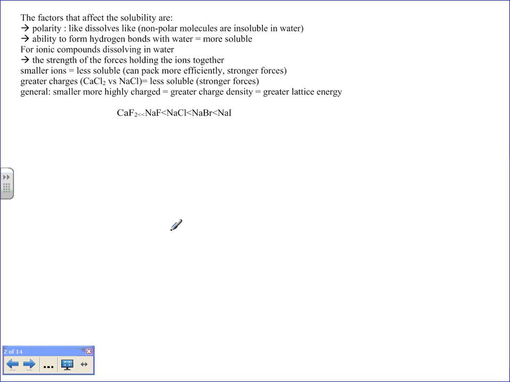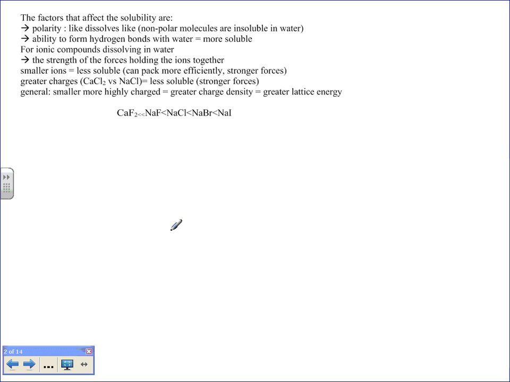The greater the chance or opportunity for interaction, the more soluble it's going to be. For ionic compounds dissolving in water, as you know, ionic compounds tend to dissolve in water, partly because of the interaction between the polar water molecules and the cations and anions of the ionic compounds.